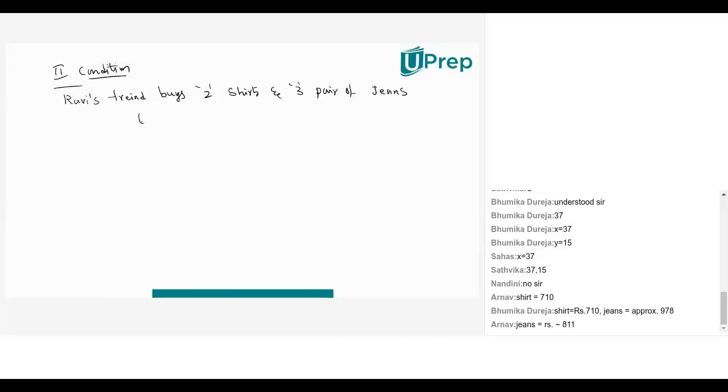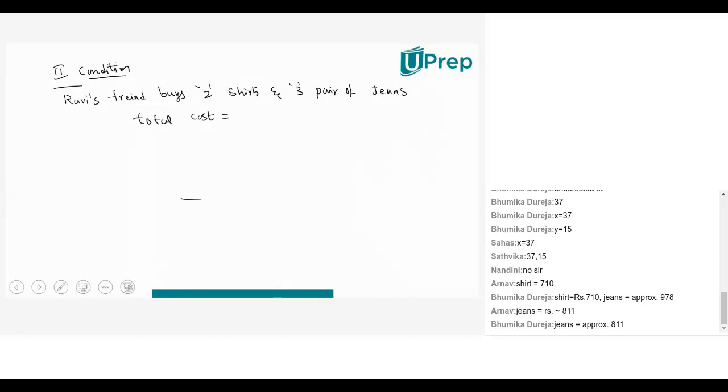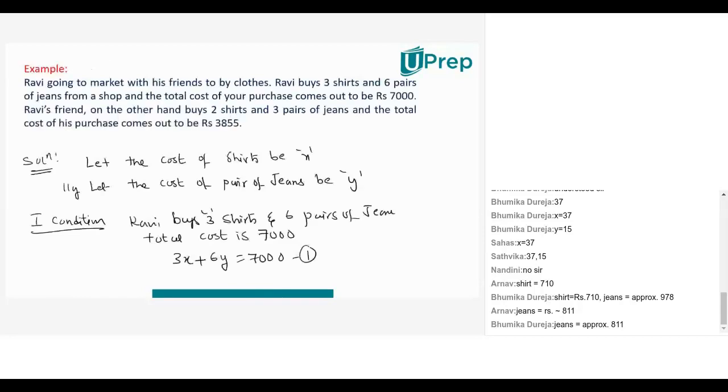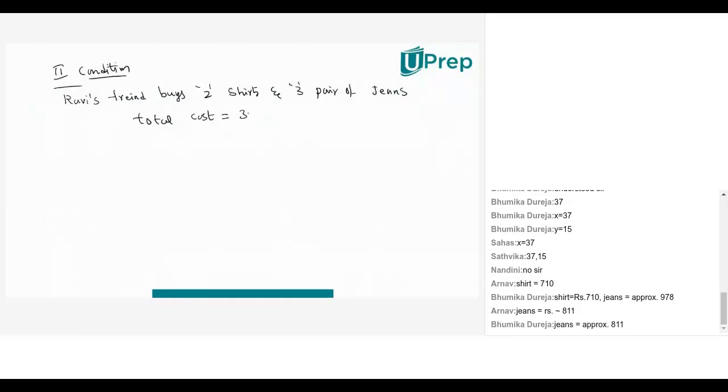What is the total cost? It is 3,855. So 2 shirts means the total cost is 2x, and 3 pairs of jeans means the total cost is 3y. So the total cost 2x plus 3y is 3,855.